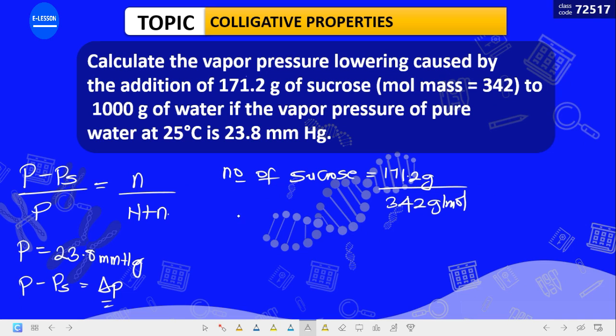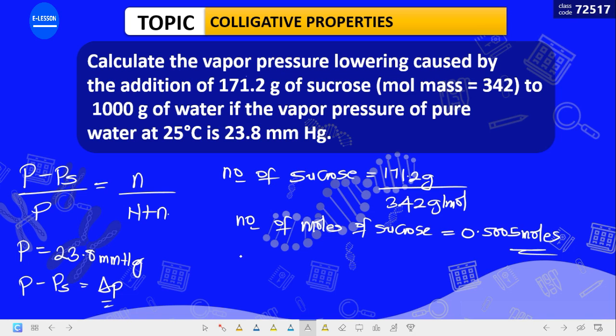So the number of moles of sucrose is equal to 171.2 divided by 342. What will it give to you? This will give us 0.5005 mole.